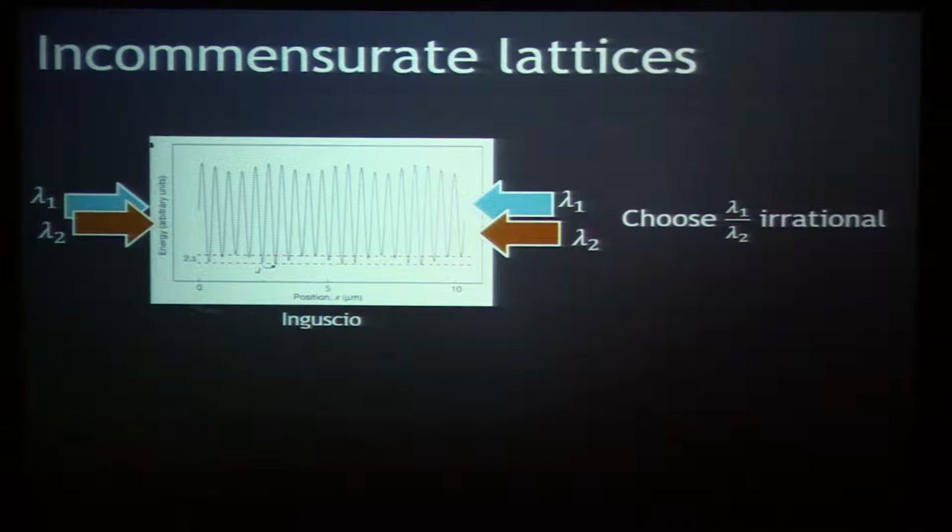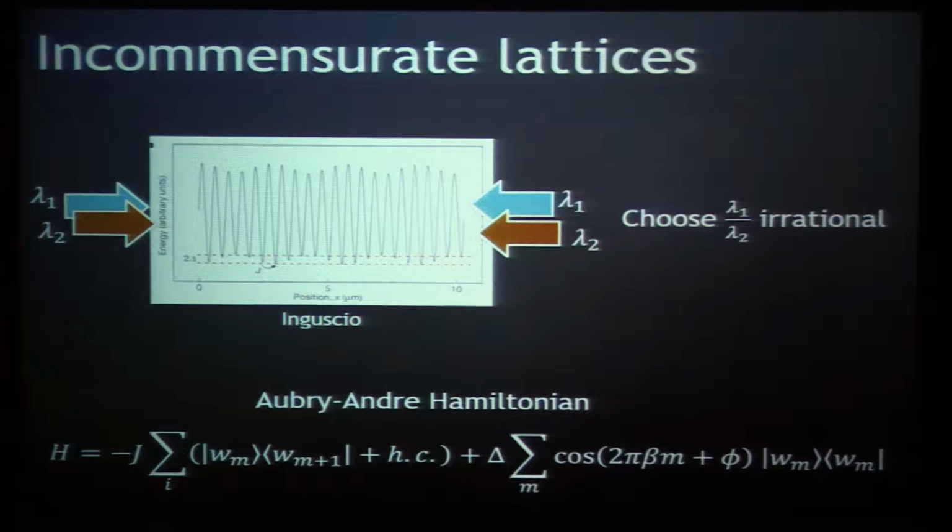All right, so if you look at this and you don't look too closely, it looks kind of like it's disordered, right? Because you've got one lattice with another one with a different and incommensurate period added together. So taking a finite sample of this in space like that looks like it's disordered. Technically, this realizes what's called the Aubry-André Hamiltonian for a single particle. All right, so I'm using Giuseppe's notation here. He likes J for tunneling.